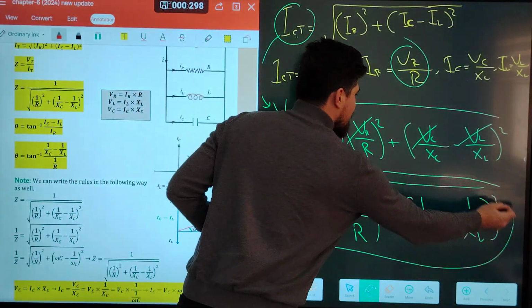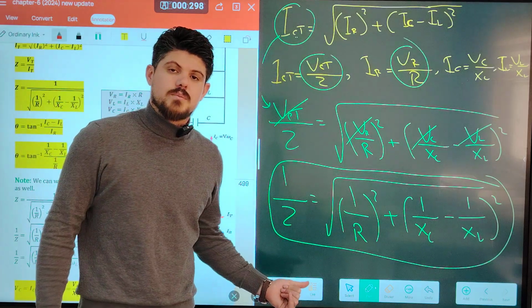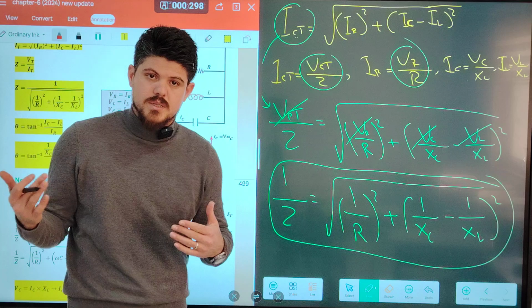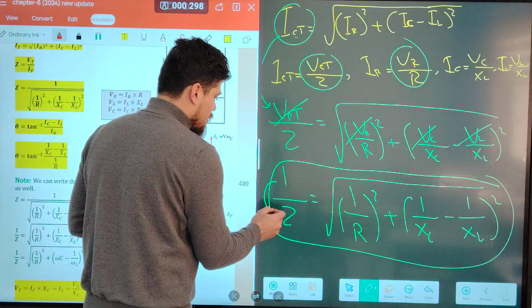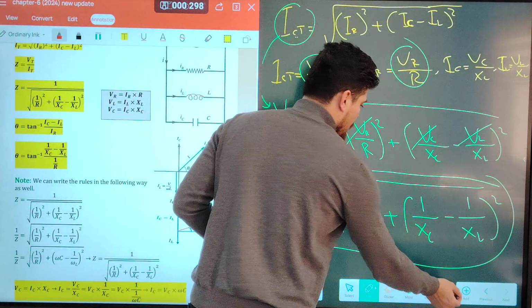What is this? This is the equation of total impedance. But this is 1 over Z, 1 over total impedance. The question says find the total impedance, not 1 over total impedance. So we have to flip this equation. If we flip this side, we have to flip the other side as well. Okay?